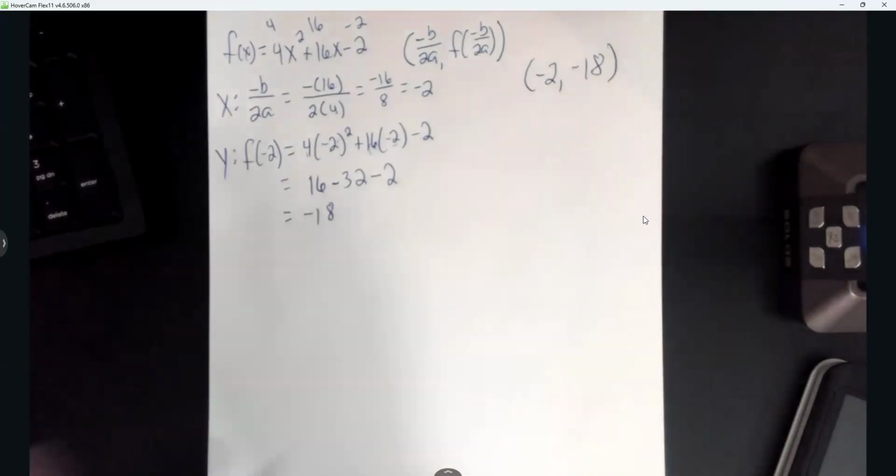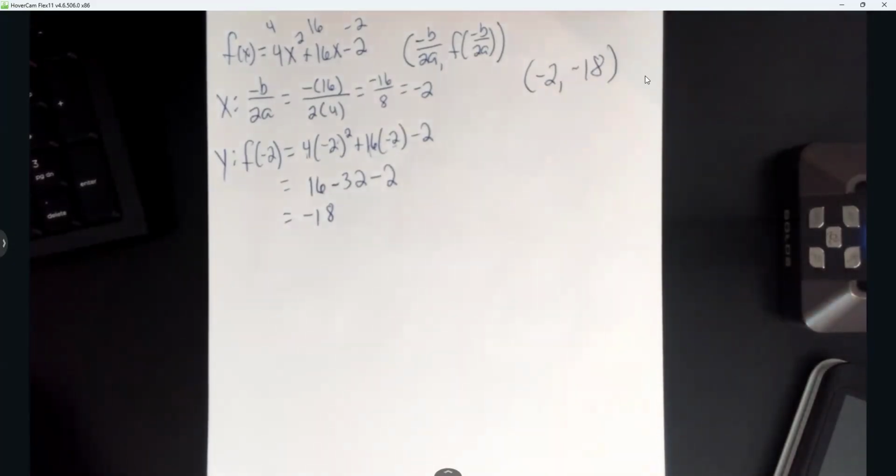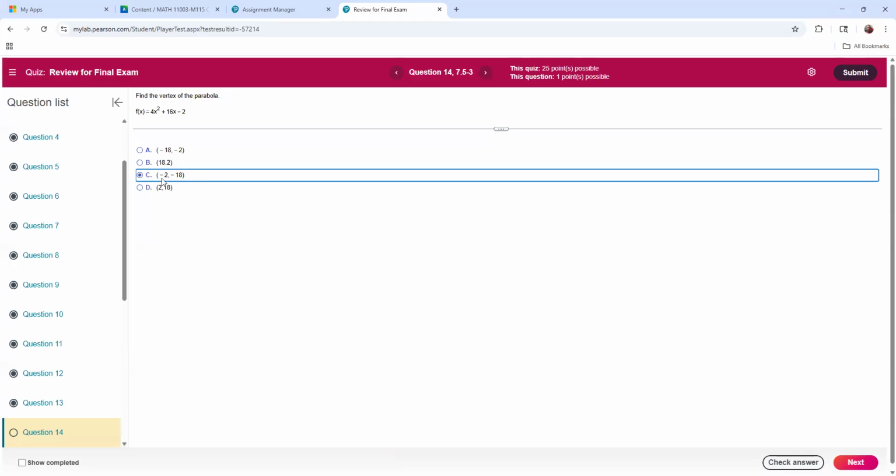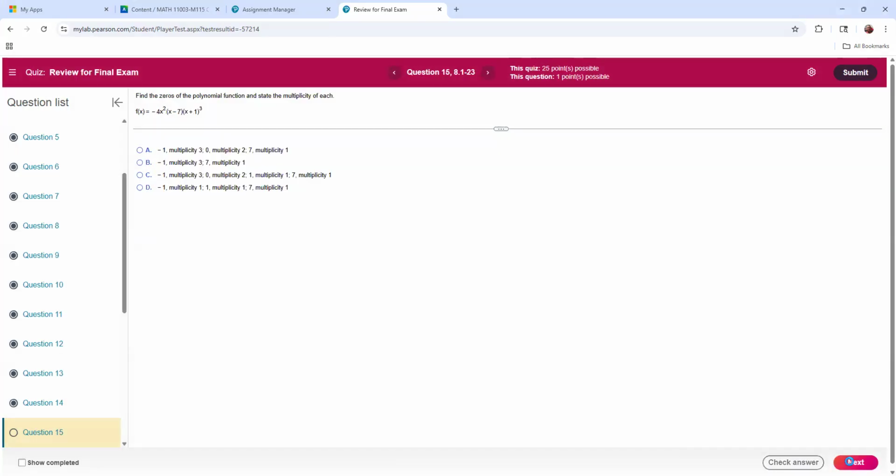So Jasmine, we should be finding a -2, -18. But like I said, that would be C. So C, the only right one, once you got that -2, you could have been done. You could have done the Y value, but like I said, they all got different X values. So you wouldn't even have to put that much work into it, okay?